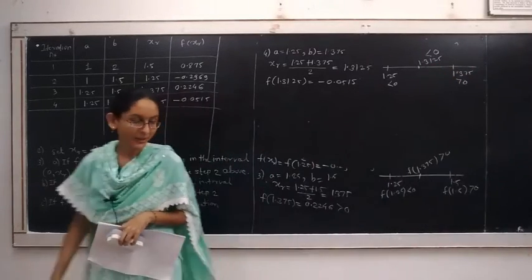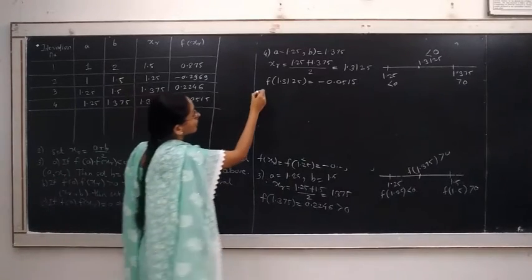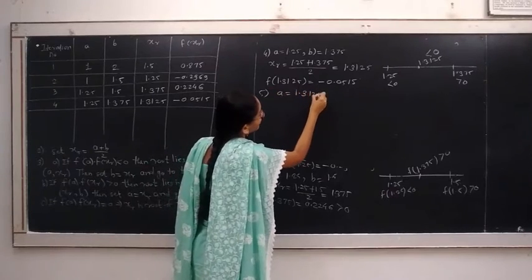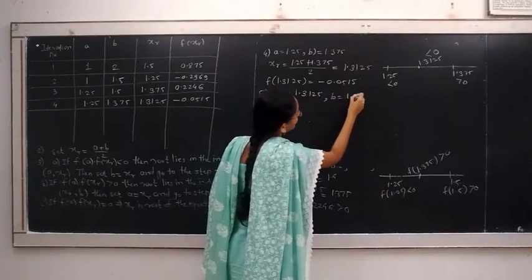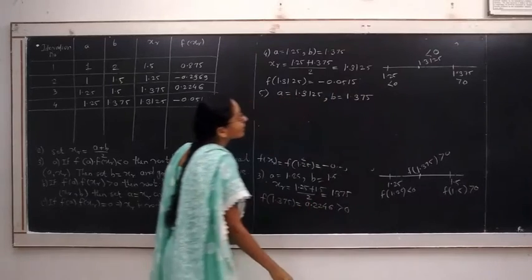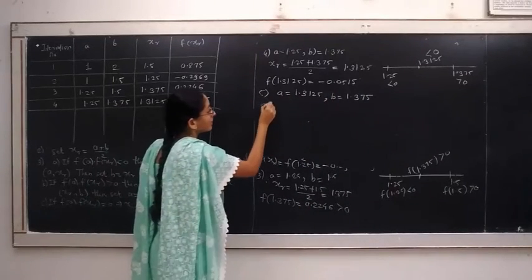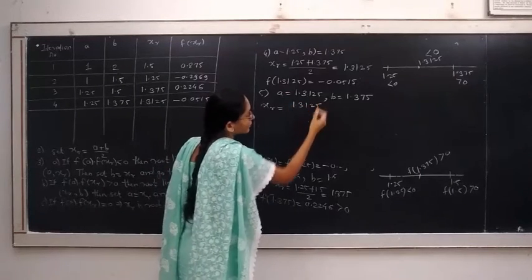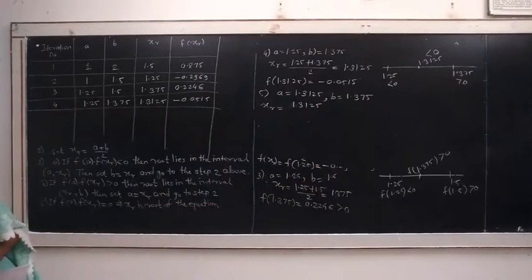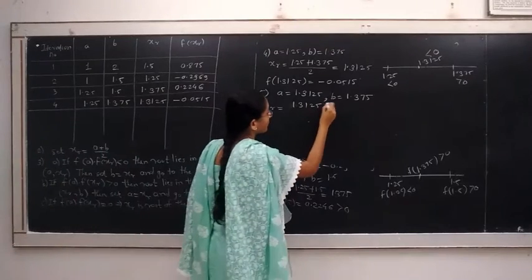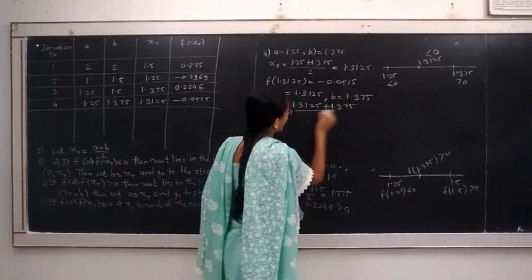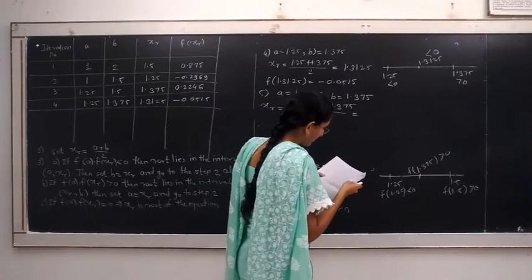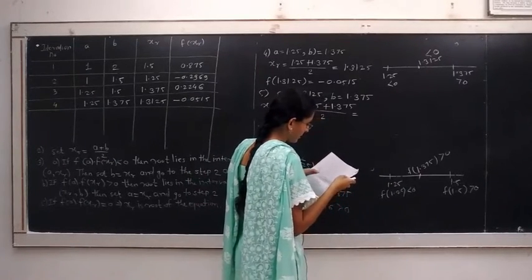Therefore, in the fifth iteration, we choose A equal to 1.3125 and B equal to 1.375. Then XR will be A plus B by 2, 1.3125 plus 1.375 upon 2, which is equal to 1.34375.